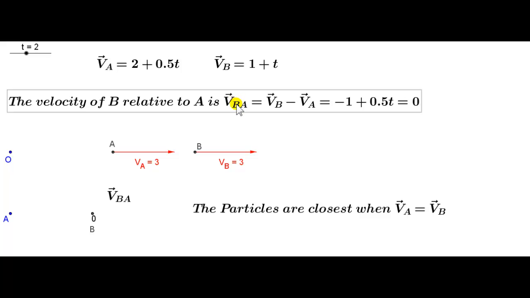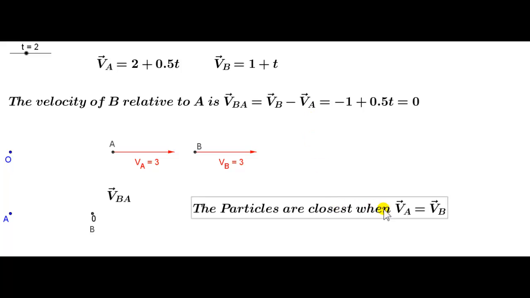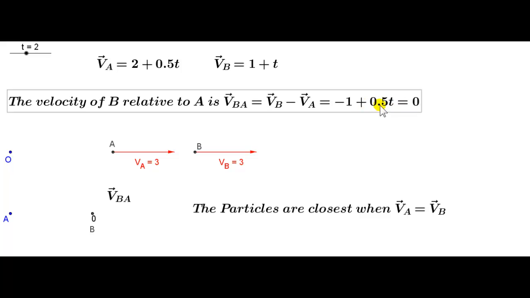So we are interested in the time when vector VBA is 0. But if VBA is 0, it obviously means that VB equals VA. So the particles are closest when the velocities are the same. When we solve the equation VA equals VB, or solve this equation here, difference is 0, we get t equals 2.